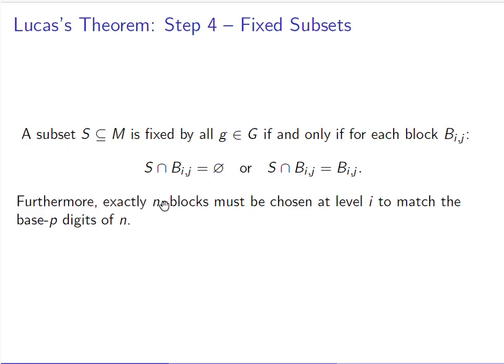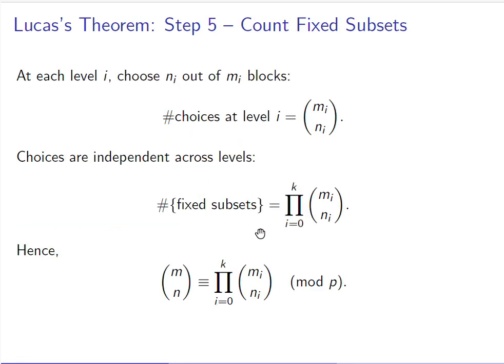There is no other way to form n. So at this level I choose ni out of the mi blocks, and the choices are independent across all levels, so the fixed subset count is just the product of these binomial coefficients. That's what we wanted to prove.